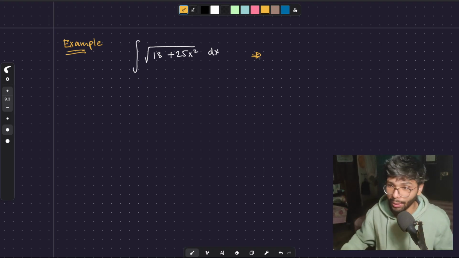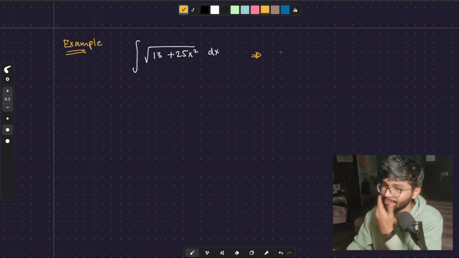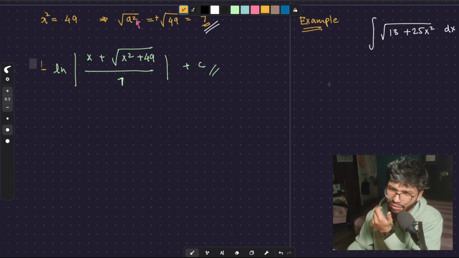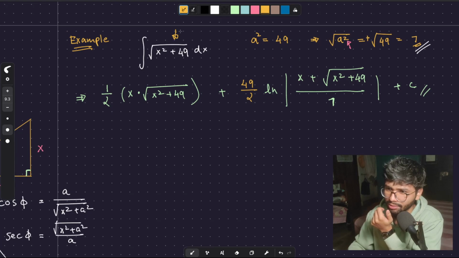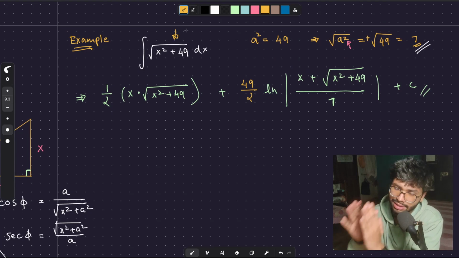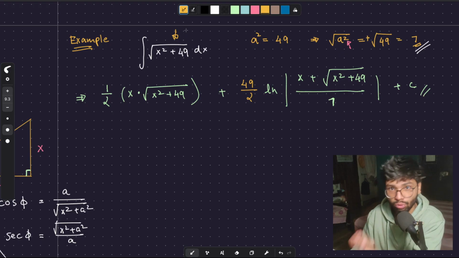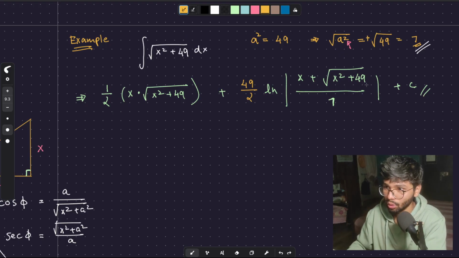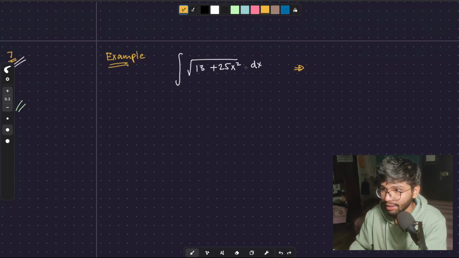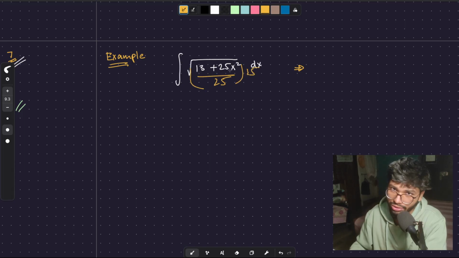I don't know, and let's do it. Okay. So we know we want the form to be something like this one, right? We know we want the x's and the a's to be isolated. At least we want the x to be isolated. So what can we do? Can we divide this thingy by 25 and multiply it by 25, of course? The same thingy. We know how it works, right?